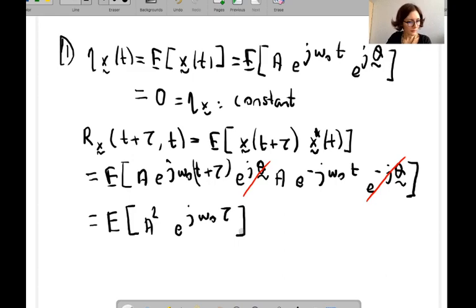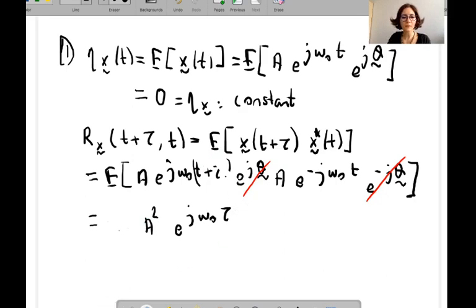So this is the ACF. Actually, the only randomness comes from theta, and theta is cancelled, so this thing is deterministic. You could simply erase the expectations, because the expectation of a constant is equal to itself. So this is what our autocorrelation function is.